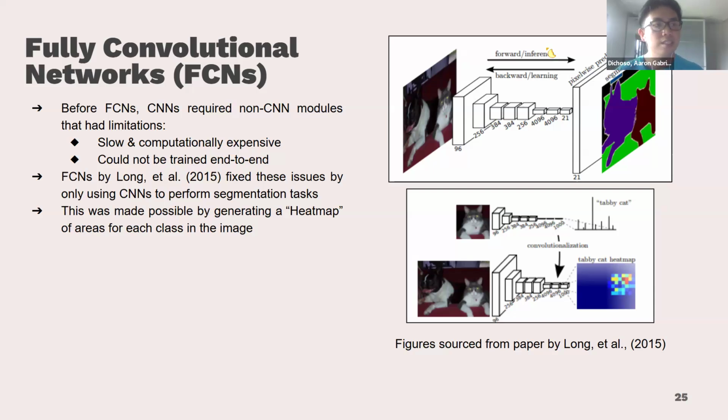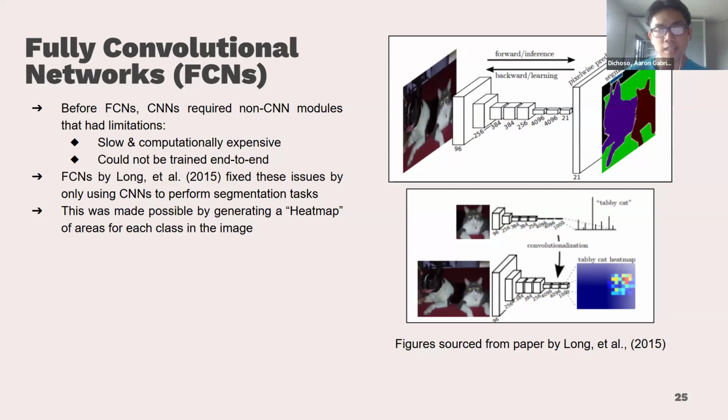As we can see here, it's called a fully convolutional network because back then, there already were innovations that were using convolutional neural networks as part of their training. However, these existing networks weren't fully convolutional.